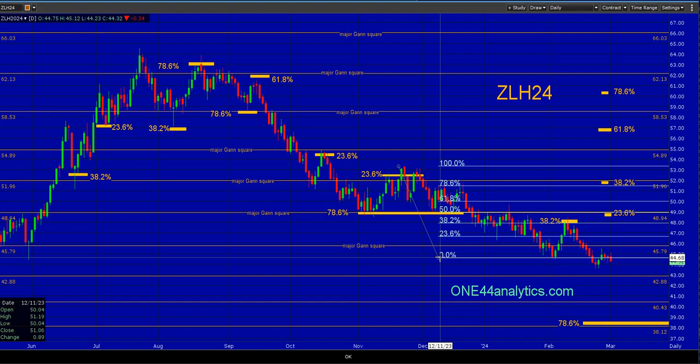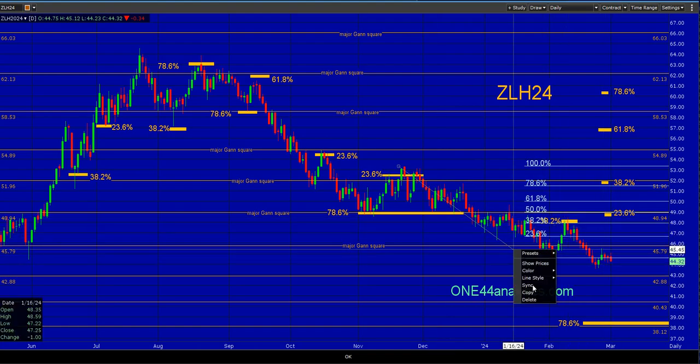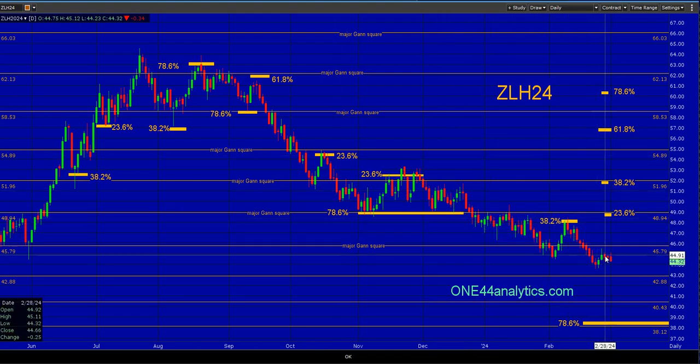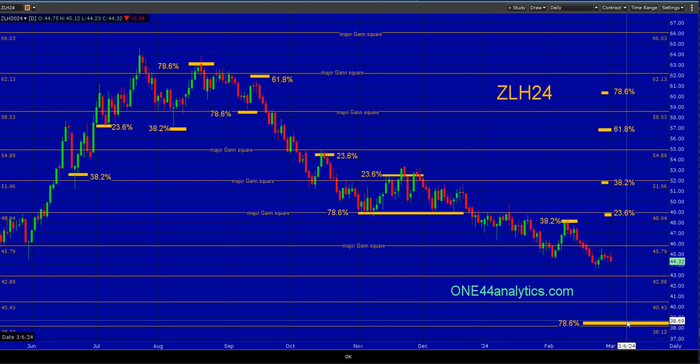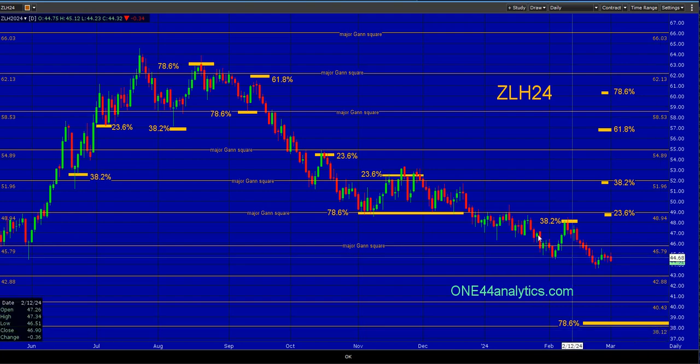But here right now, we're looking at 38 made the new low. All we have here now is that on the long-term chart, our downside target will be down here in a 38.5 area, where you have 78.6 on the long-term chart and a major Gann square.